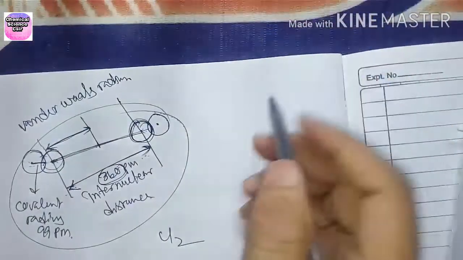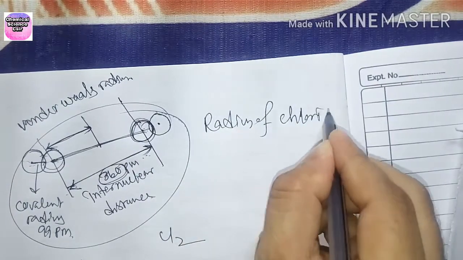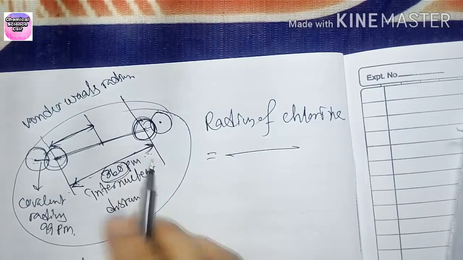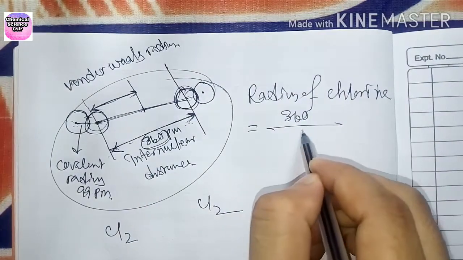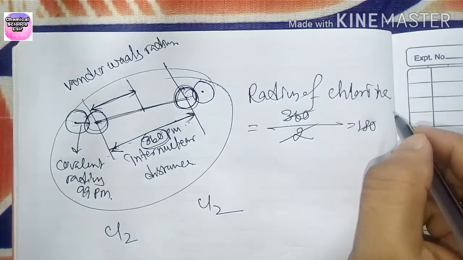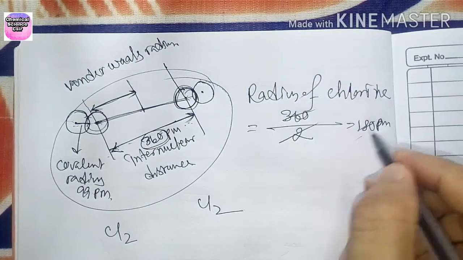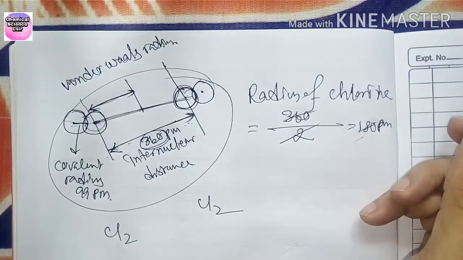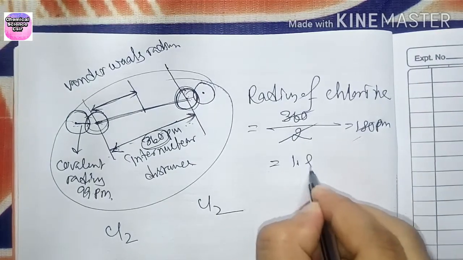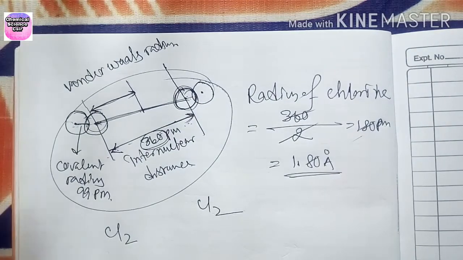The radius of chlorine equals the internuclear distance, 360, divided by 2, which is 180 pm. Converting pm to angstrom, you can write 1.80 angstrom. So this is the van der Waals radius.